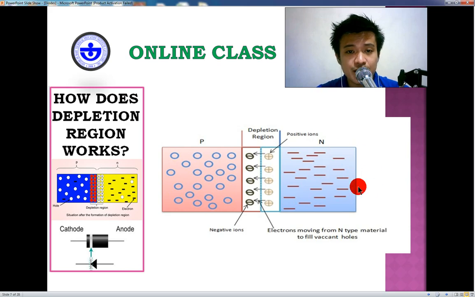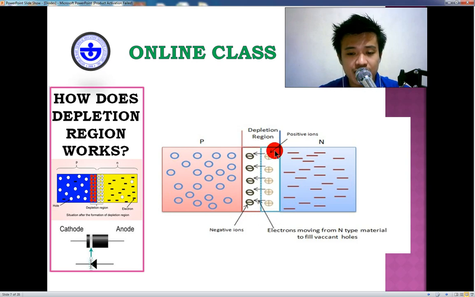Since you supplied positive on this part, this part will become positive in charge and here will become negative in charge. This becomes an imbalance, because supposed to be here should be negative and here should be positive. The depletion region is now made, and the diode has an electrical imbalance.